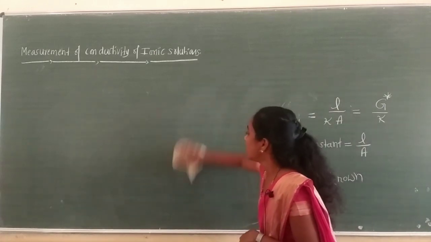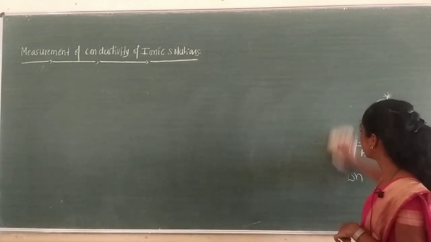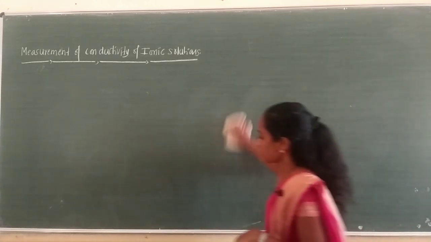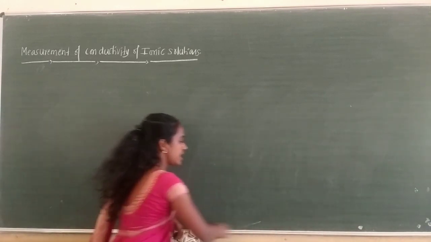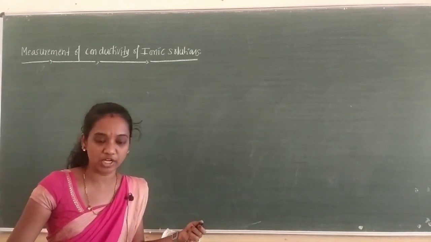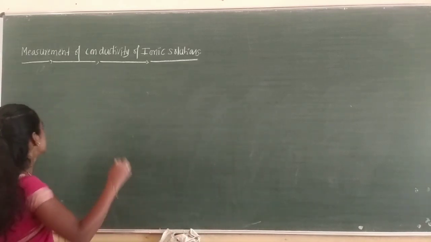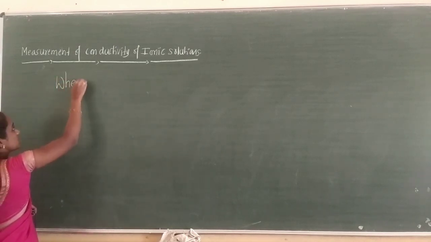So now let us discuss Wheatstone's network or Wheatstone's bridge. What is this Wheatstone's bridge? You have studied that concept in your physics class, I think. So that is Wheatstone's bridge.